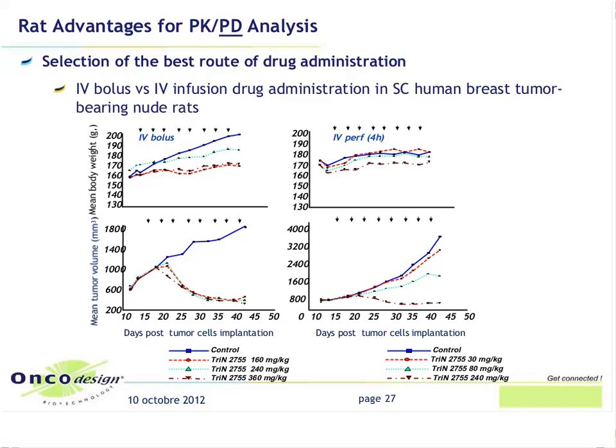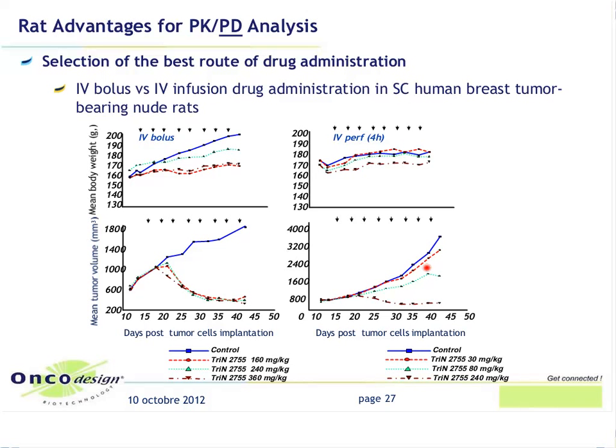As explained, because of this large choice of administration routes, it is possible to select the best route of administration, and then compare toxicity profiles, anti-tumor activity profiles, and pharmacokinetic parameters by IV bolus route or IV infusion route, and that in the same biosystem.